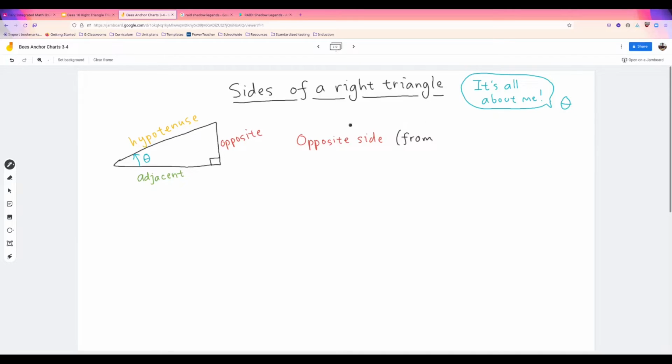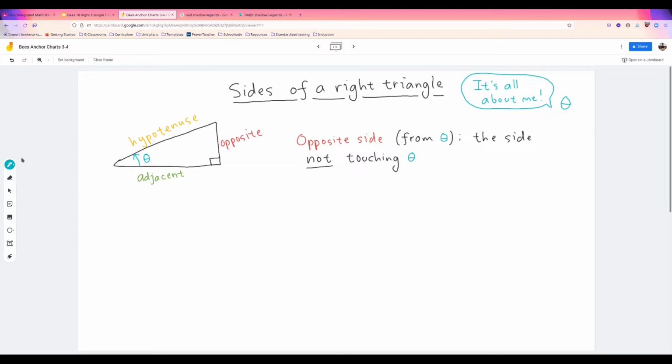But the opposite side from theta is the side not touching theta. Actually, let's do theta in turquoise again, just to stay consistent.